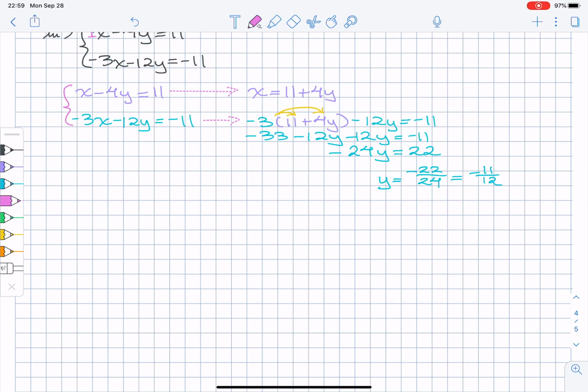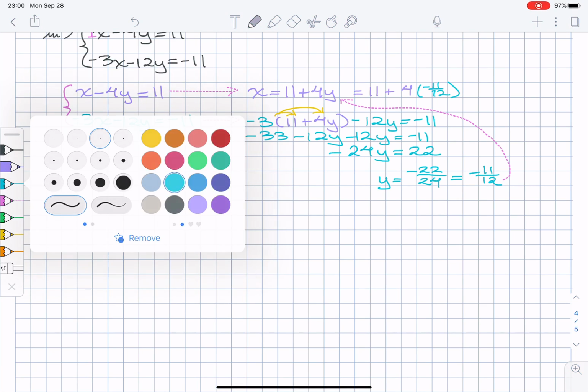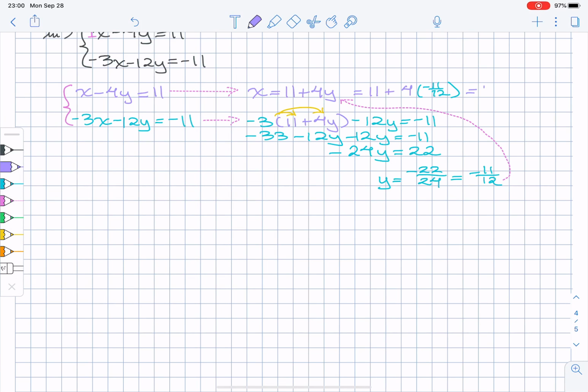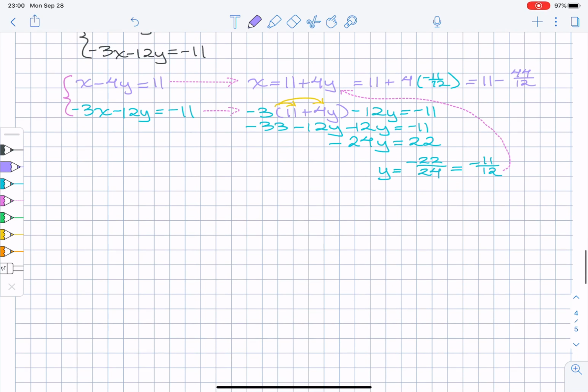Okay, so now I can plug this value of y back up here. So I get 11 plus 4 times negative 11 over 12. So this is 11 minus 44 over 12. I'm not going to have room.